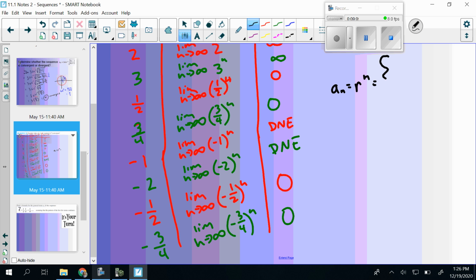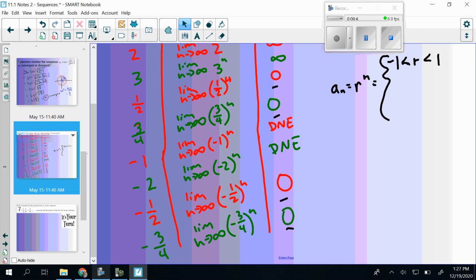Anytime we got a fraction smaller than 1, whether positive or negative, it ended up going to 0. So any fraction less than 1 or bigger than -1, those negative fraction values like the ones here, were all convergent.